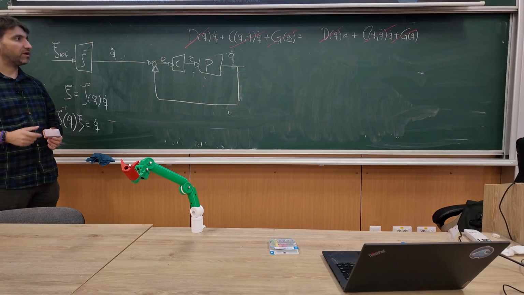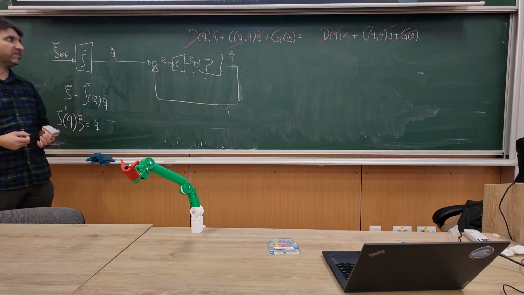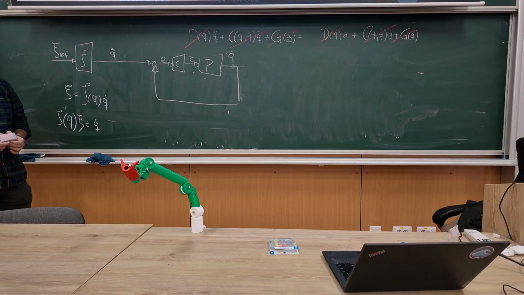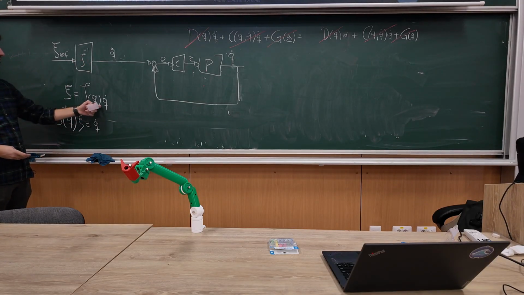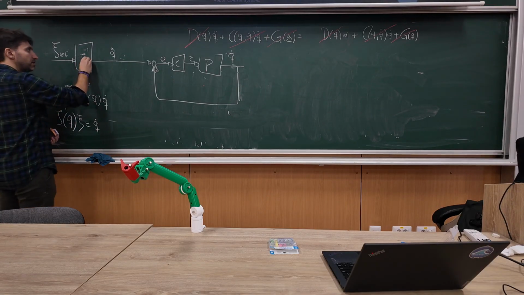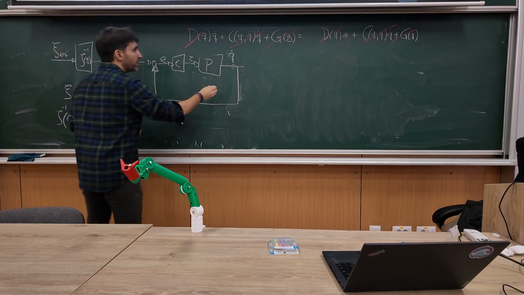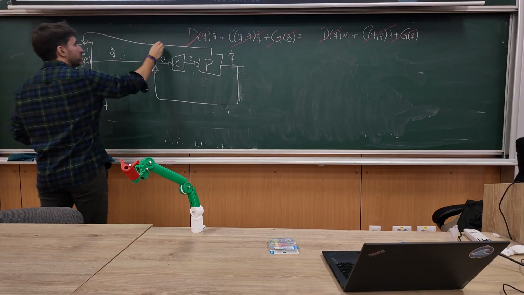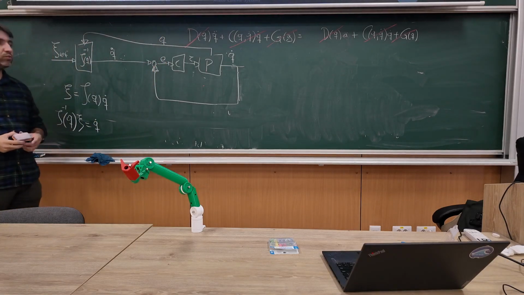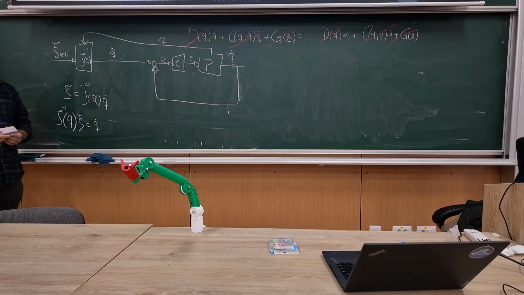We're missing one thing. It's not really feedback. I need something here. The Jacobian is a function of position, right? So I need, not really feedback, but to get back the position and update the Jacobian with a new position constantly. I get it from the process. Yes, I measure it.